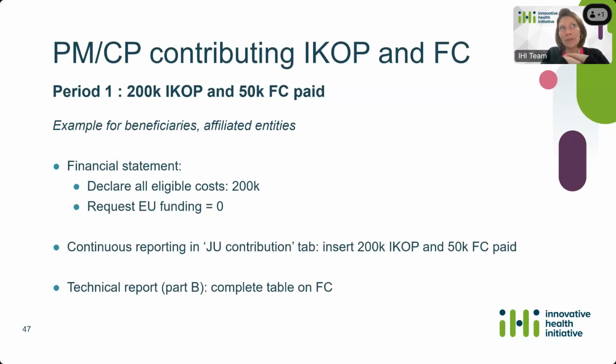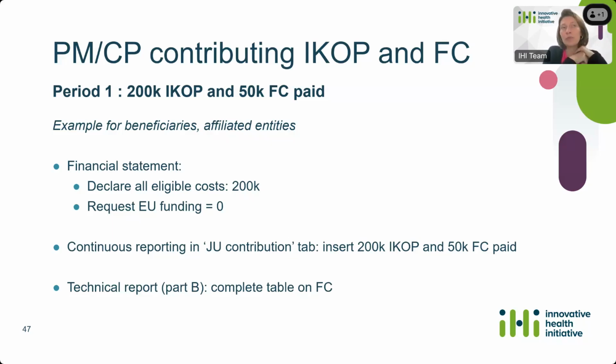In the financial statement of the beneficiary or the affiliated entity, the entity will need to declare all the eligible costs, which is in this case 200K. The requested EU contribution is equal to 0, since it's not a hybrid participant. In the continuous reporting GEO contribution tab, the entity will need to insert 200K in the column IKOP and 50K in the column financial contribution paid.